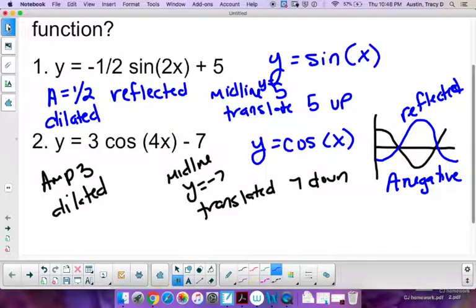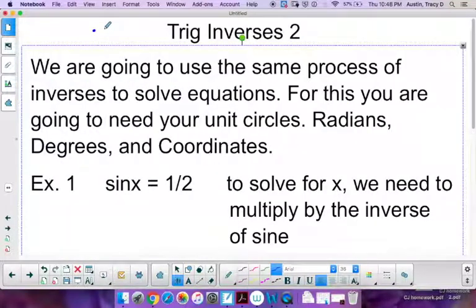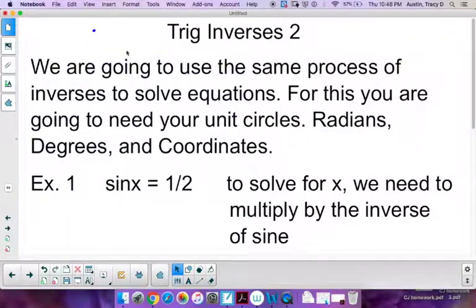Okay, so that's the base review on transformations, on to inverses for today. Yesterday we were doing inverses of functions where you're actually solving for the inverse, swapping the x and y and doing all that, or doing this on a graph. We're going to use that same principle of using inverses to solve.